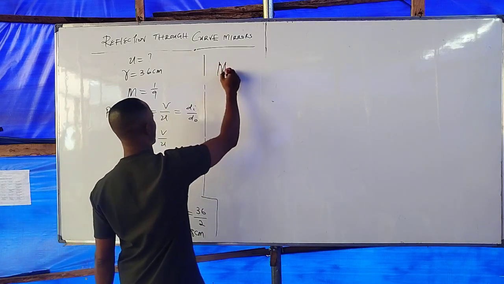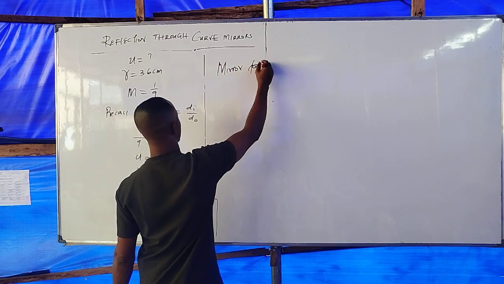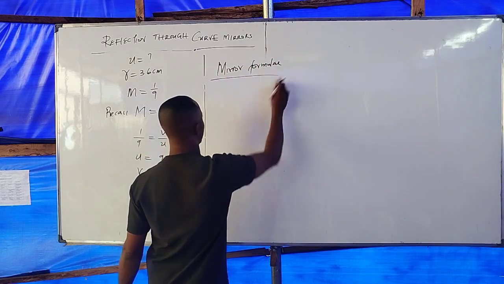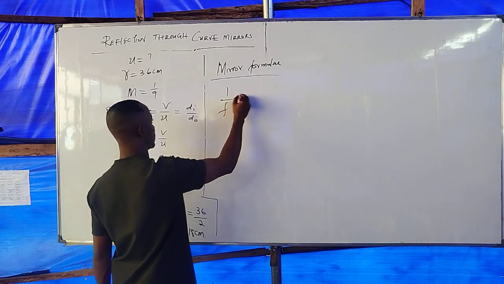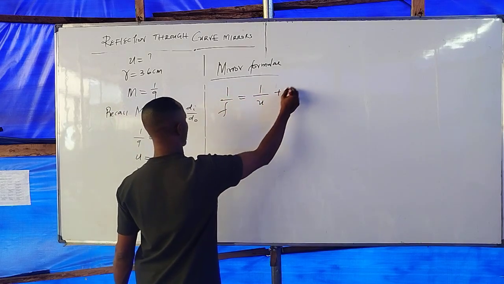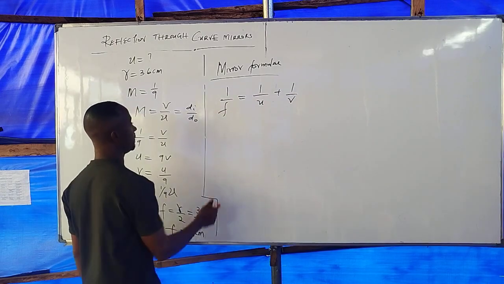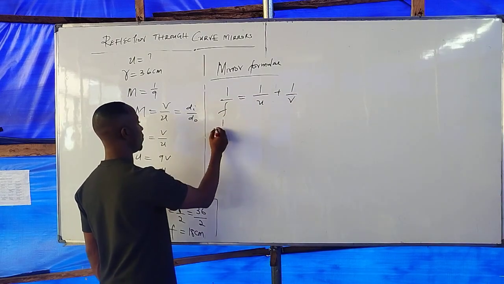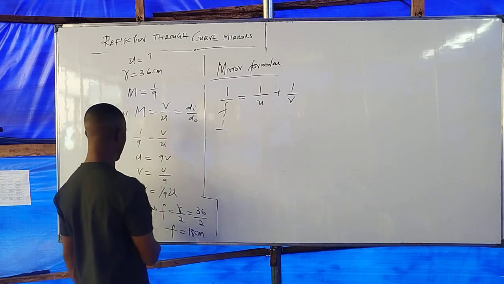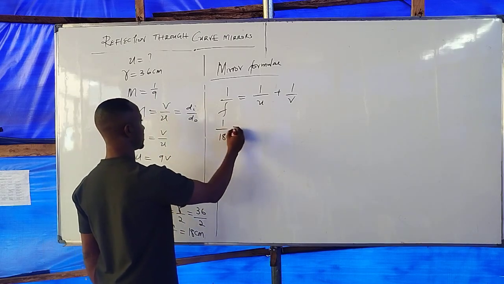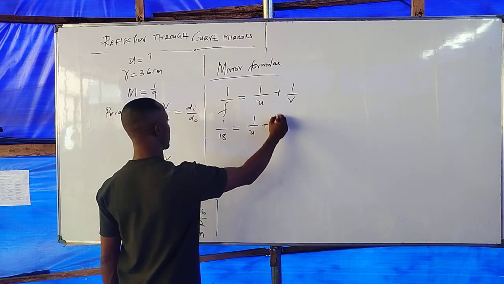Then we are going to use our mirror formula, the mirror formula that we spoke about this morning, which says that 1 over f equals 1 over u plus 1 over v. So from here we have 1 over 18, since f is 18, equals 1 over u plus 1 over v.